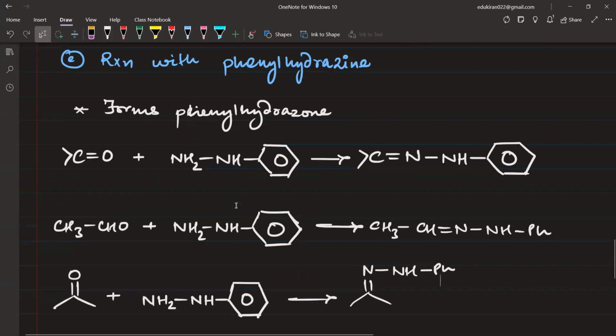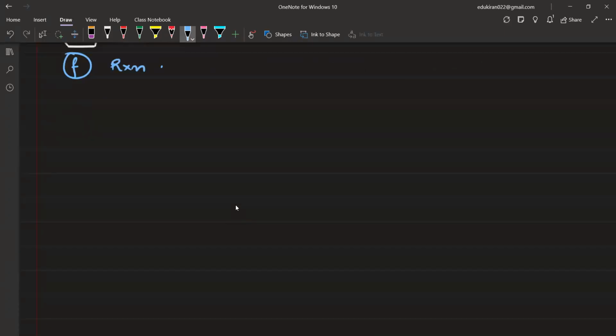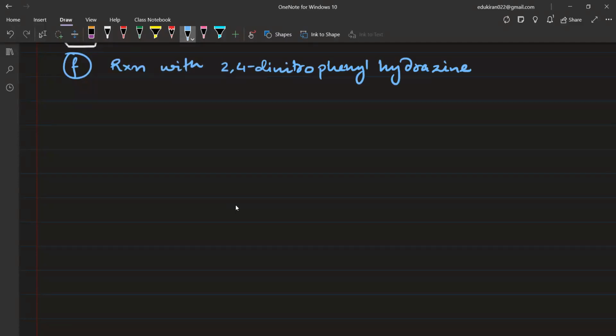अब इसी में, like in the same phenyl hydrazine there is a, please write. It just becomes a bit bigger now. Okay, so reaction with 2,4 dinitrophenyl hydrazine.